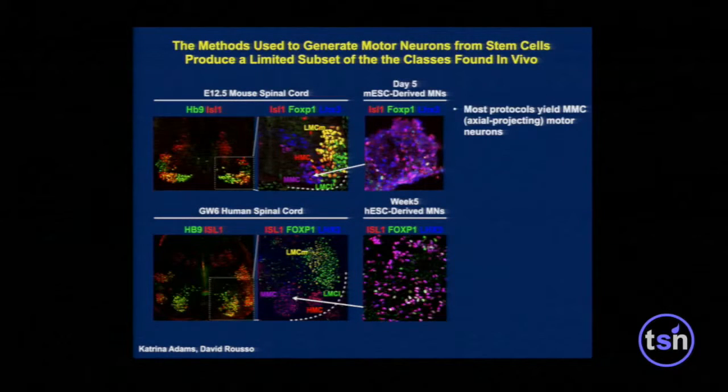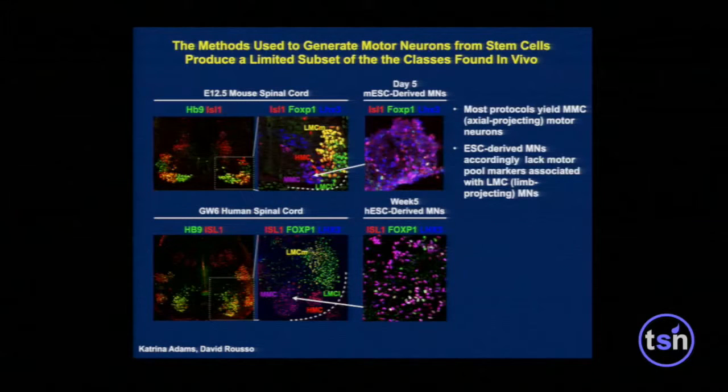So in both human and mouse embryonic stem cells, when differentiated under these methods, they tend to form motor neurons that look much more like the medial motor column, the ones that innervate the vertebrae, and not those that innervate the limbs.